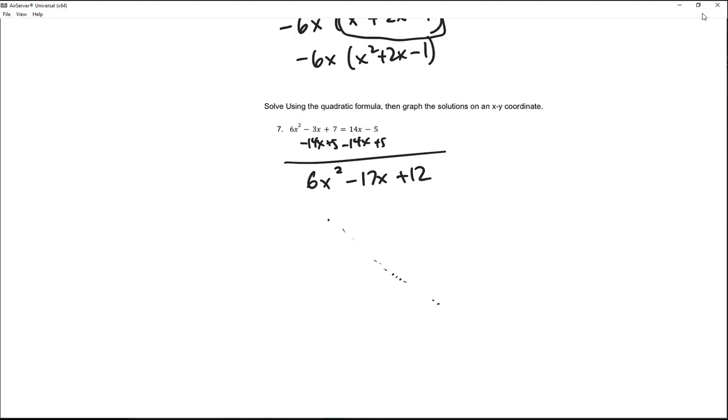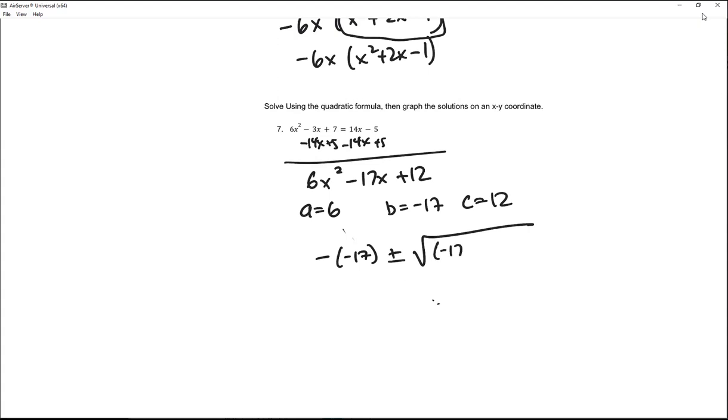I hope you guys did the quadratic formula. Negative b, so a is equal to 6, b is equal to negative 17, and c is equal to 12. Negative negative 17 plus or minus the square root of negative 17 squared minus 4 times 6 times 12, all over 2 times 6.